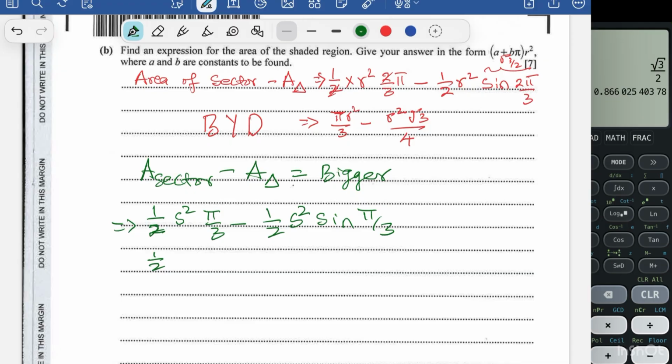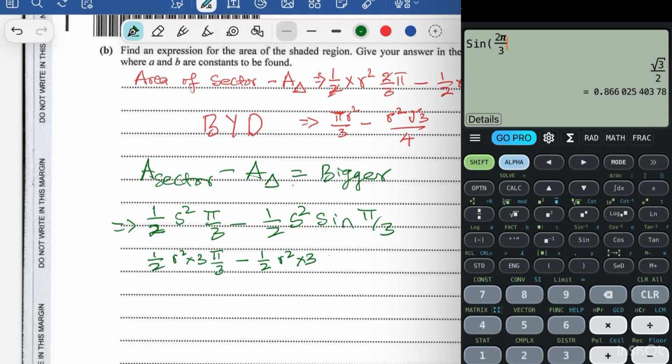So r root 3 squared will be r squared times 3, pi by 3, minus 1 over 2 r squared times 3 sine pi by 3.